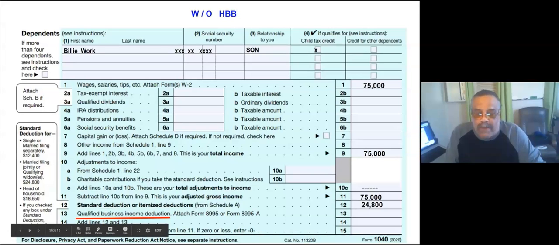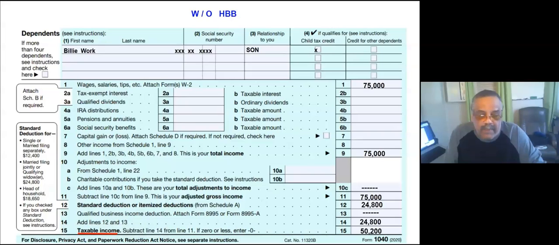There are no qualified business deductions. Next line says add lines 12 and 13. Okay, so your income was just reduced by $24,800 just from the standard deduction. Okay, so now your taxable income, line 15, is $50,200.